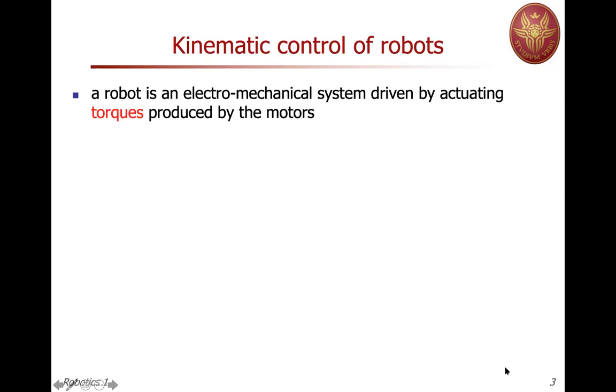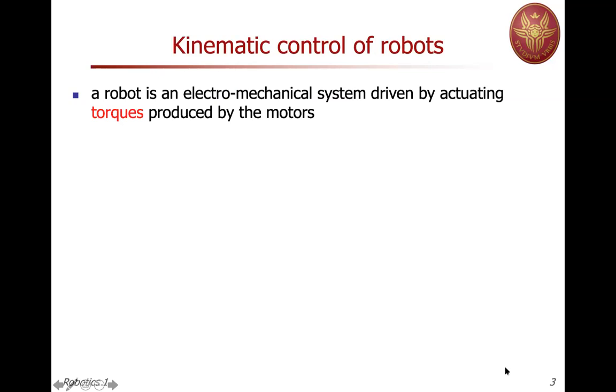So we have seen that the robot is in fact a combination of electromechanical components, so motors, sensors, links, transmissions, and so on. The motors, let's focus on electrical motors, produce torques at their output axis, and these torques are transmitted through reduction and transmission elements to the links.